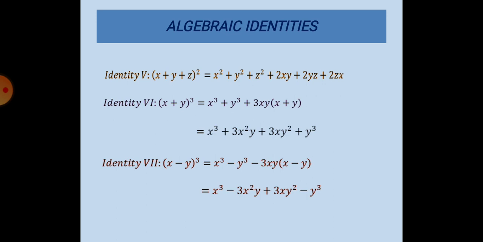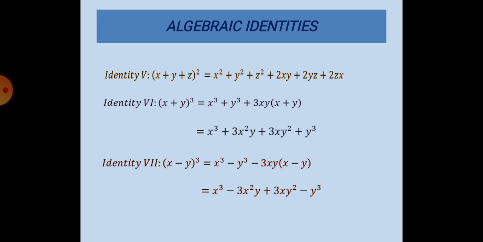Again, another identity is also a cube of a binomial, but the sign in between is minus. In such a situation, the product is x cube minus y cube minus 3xy of x minus y, or when we open the bracket, we get x cube minus 3x square y plus 3xy square minus y cube.